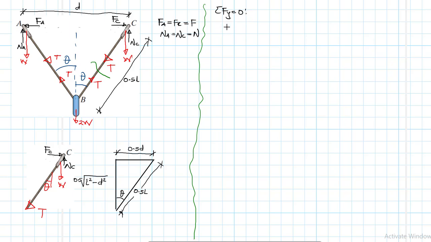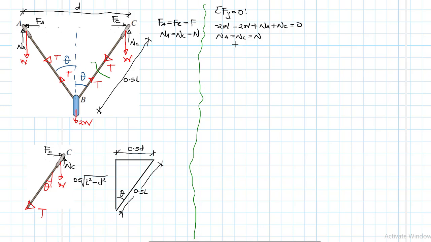We have minus 2W from B, and then the W from A and C, which is also minus 2W, then plus NA plus NC equal to 0. Since NA is equal to NC, which is equal to N, we can just call those two N.